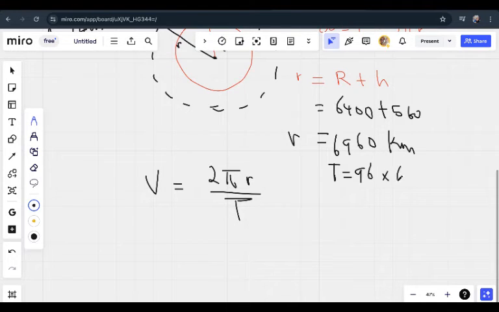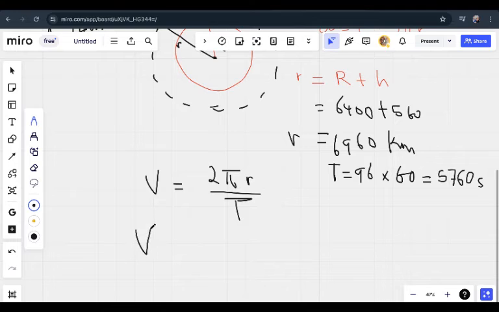If we multiply 96 by 60, we get 5,760 seconds.